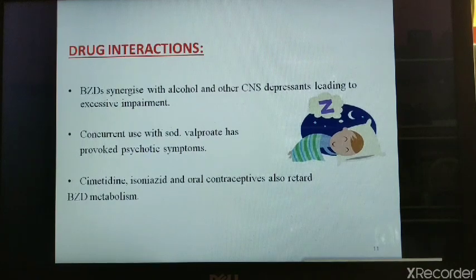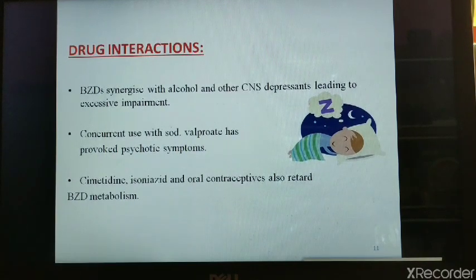There are several drug interactions which occur with benzodiazepines. Now, the use of alcohol and other CNS depressants along with benzodiazepines may lead to excessive impairment, as all of them will depress the CNS, so it will lead to a severe CNS depression.